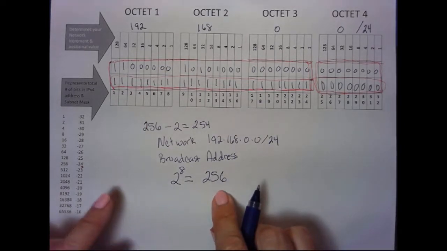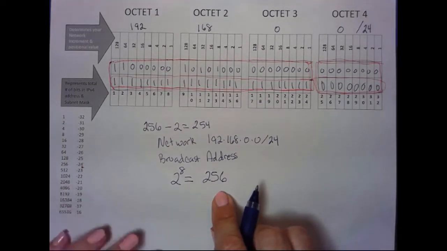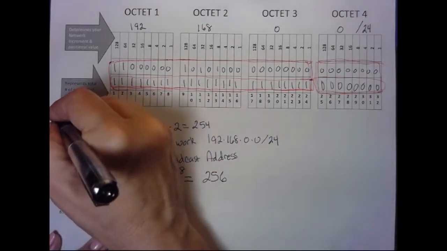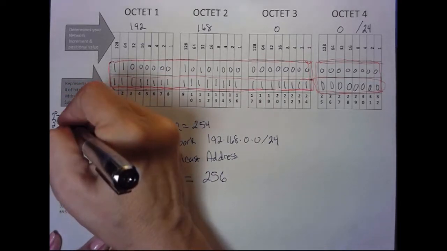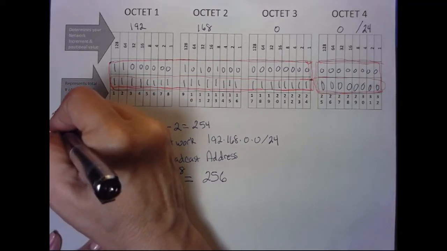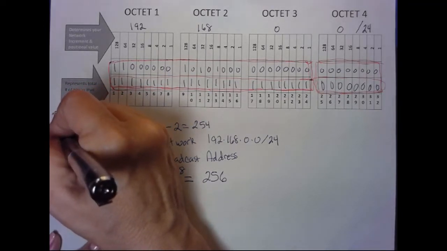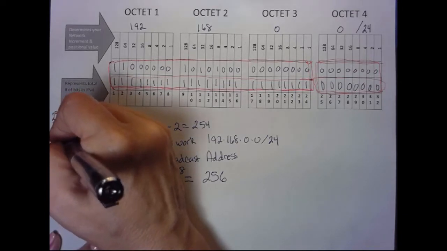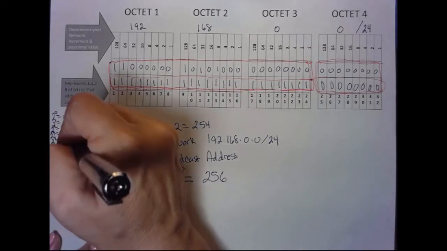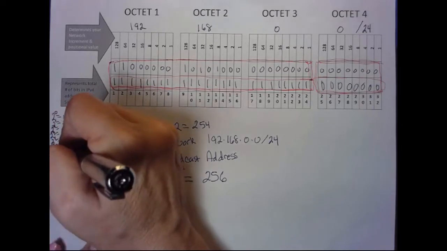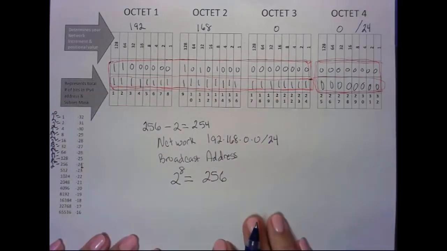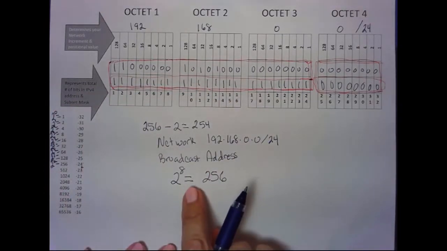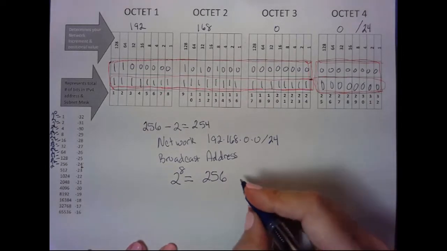Now again, if I did this little chart, I know that this was 2 raised to 0 equals 1, 2 raised to 1 equals 2, 2 to the 2, 2 to the 3, 2 to the 4, 2 to the 5, 2 to the 6, 2 to the 7, 2 to the 8.